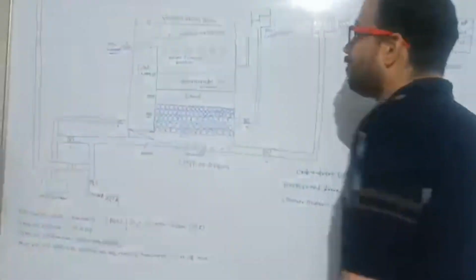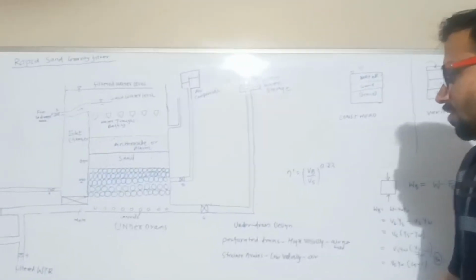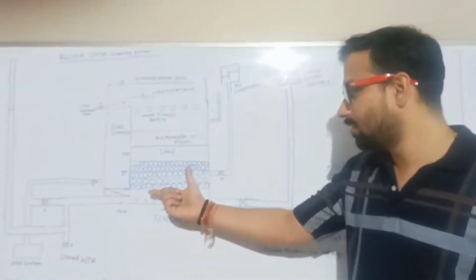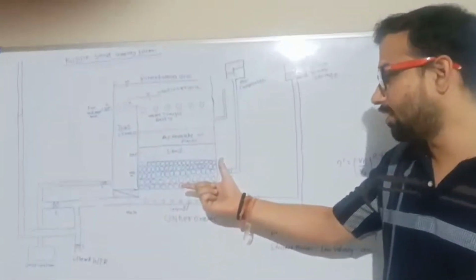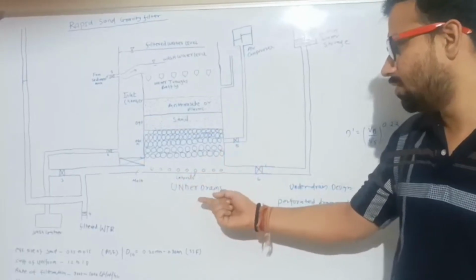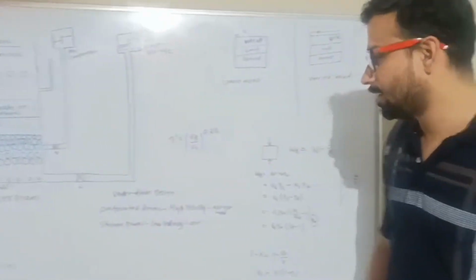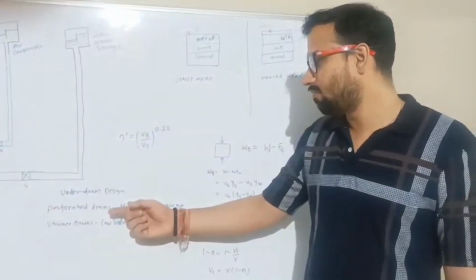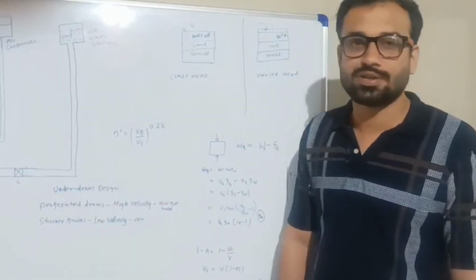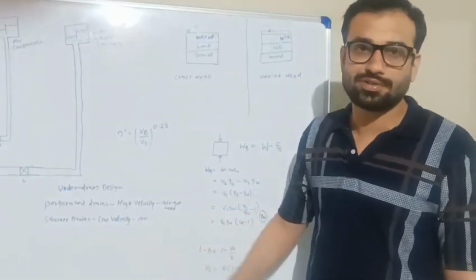To get the filtered water, we have a design present below the gravel layer, the under drain pipes. The under drain pipes are main pipes and lateral pipes, designed like perforated drains, which require high velocity, and air is not used in perforation drains, but in strainer types of drains low velocity and air is required.